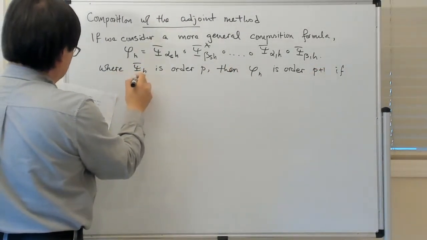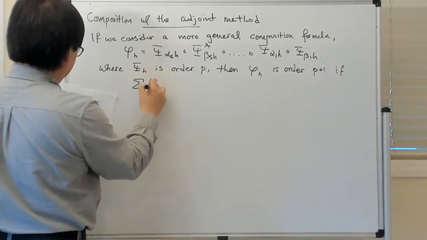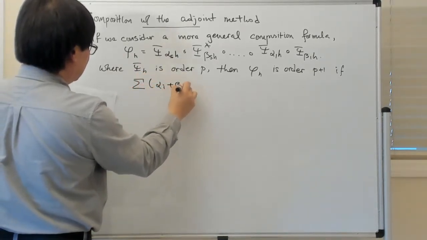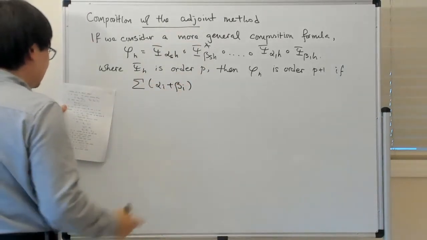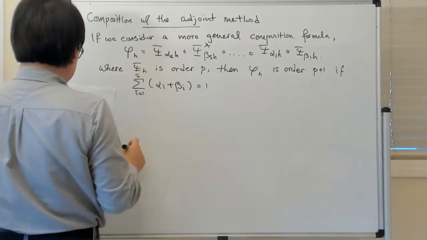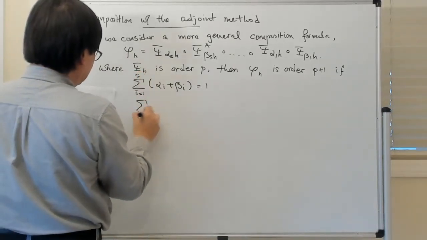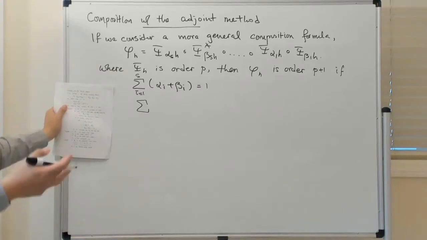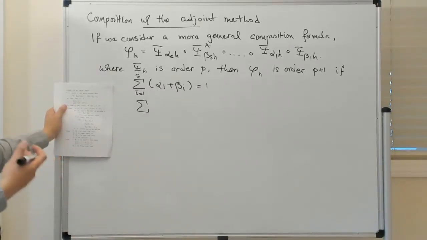So, as before, you need that the sum of the alpha i's, all the steps, sum up to 1, where i goes from 1 to S. And then the other condition has to do with the vanishing of the coefficient for the leading order error term.